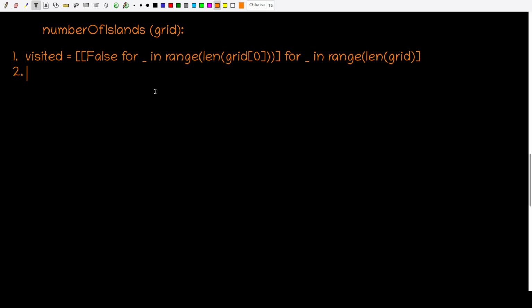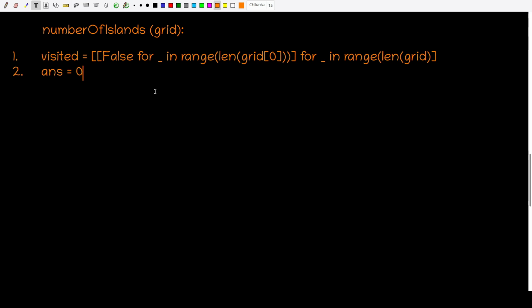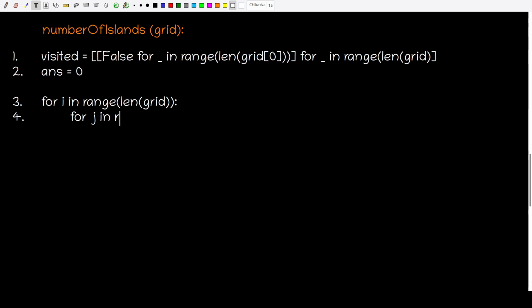Next we are going to take an answer and set it to 0, and then we are going to start iterating on the grid. So for that, for i in range of len of grid, and for j in range of len of grid of i, we are going to check if grid[i][j] equals 1, which simply means it is a land.